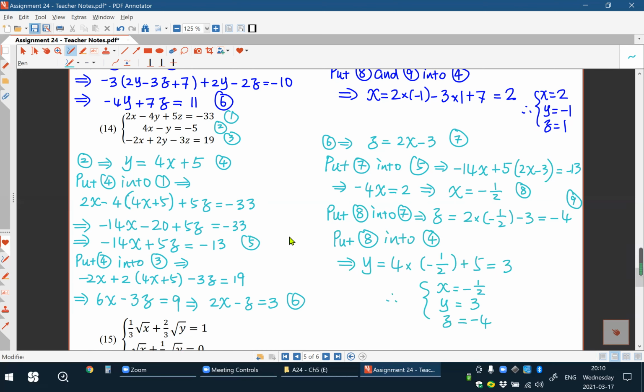Okay, please have a look at that. If you haven't done this correctly, this is a time for you to correct it by yourself. Okay, any questions, please do let me know.